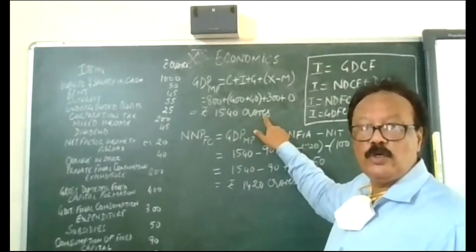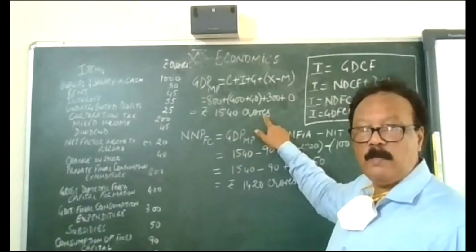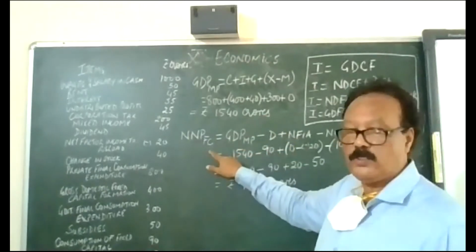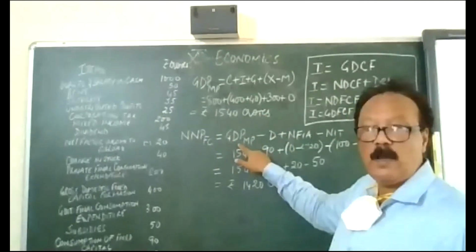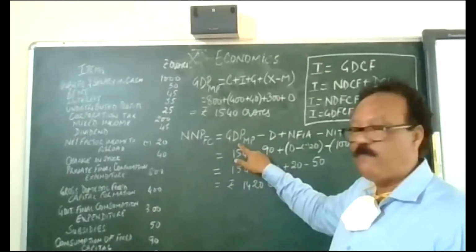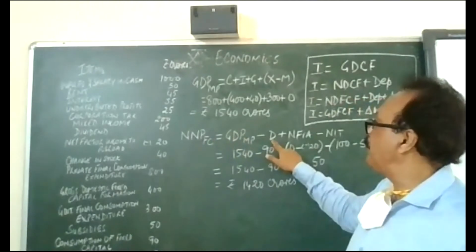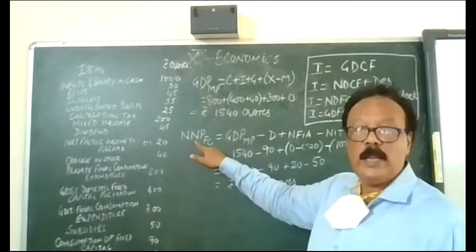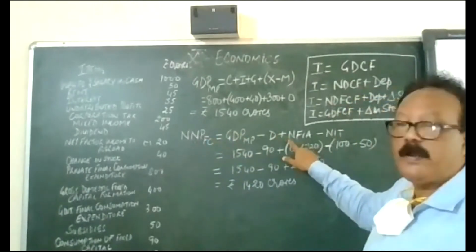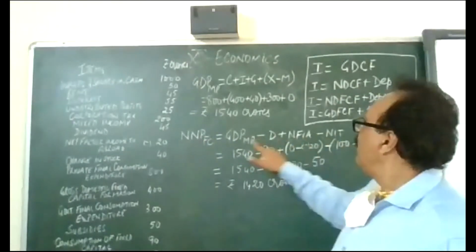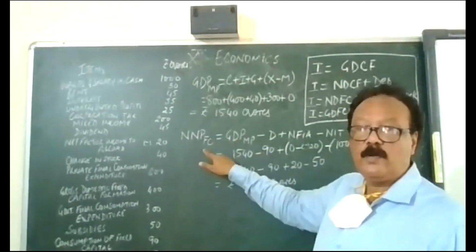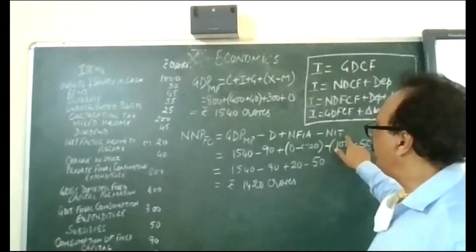Question asks you to calculate the national income. National income at factor cost. What do we have? GDP at market price. Very simple to derive the formula. From gross to net, minus depreciation. Domestic to national, plus net factor income from abroad, and market price to factor cost, minus net indirect taxes.